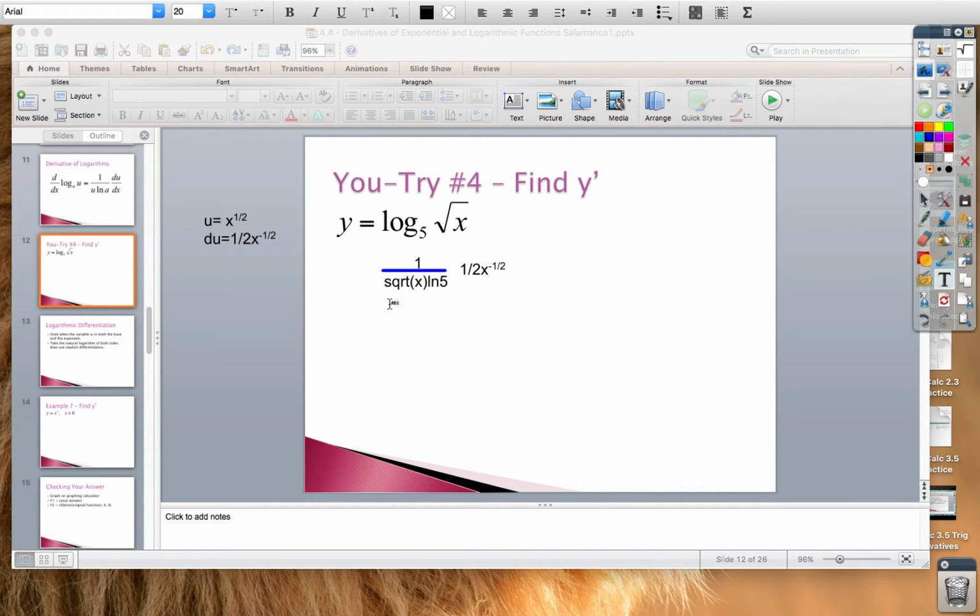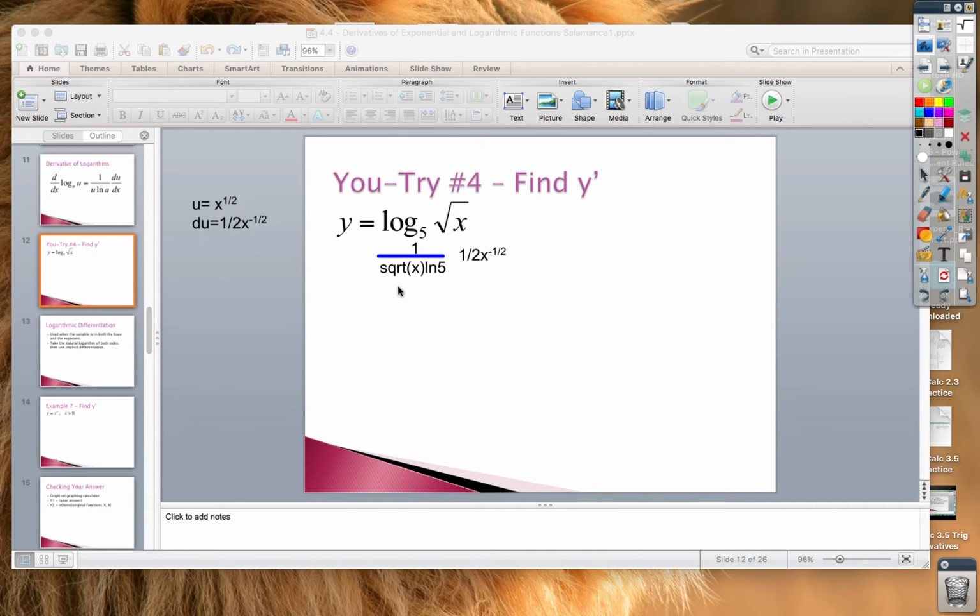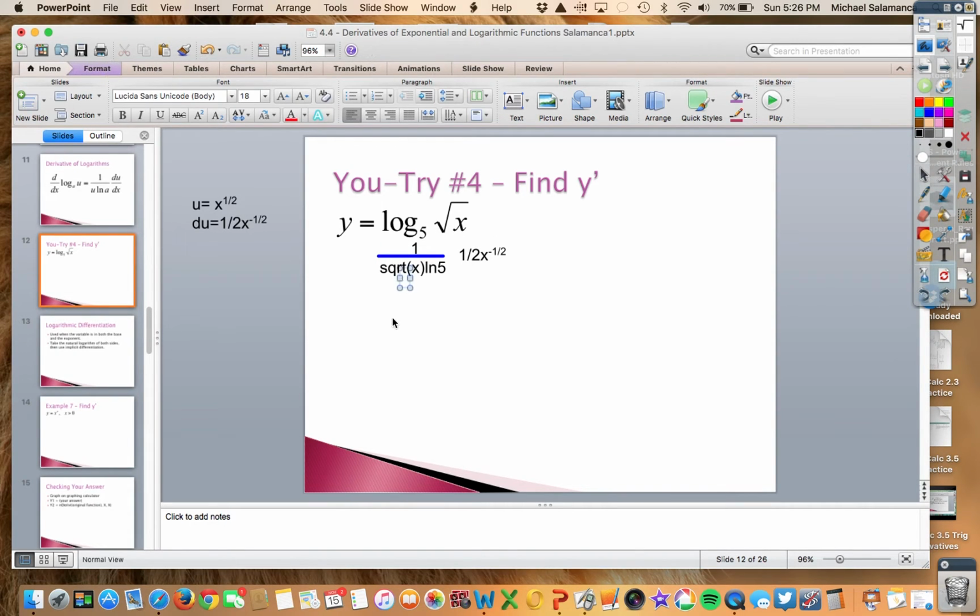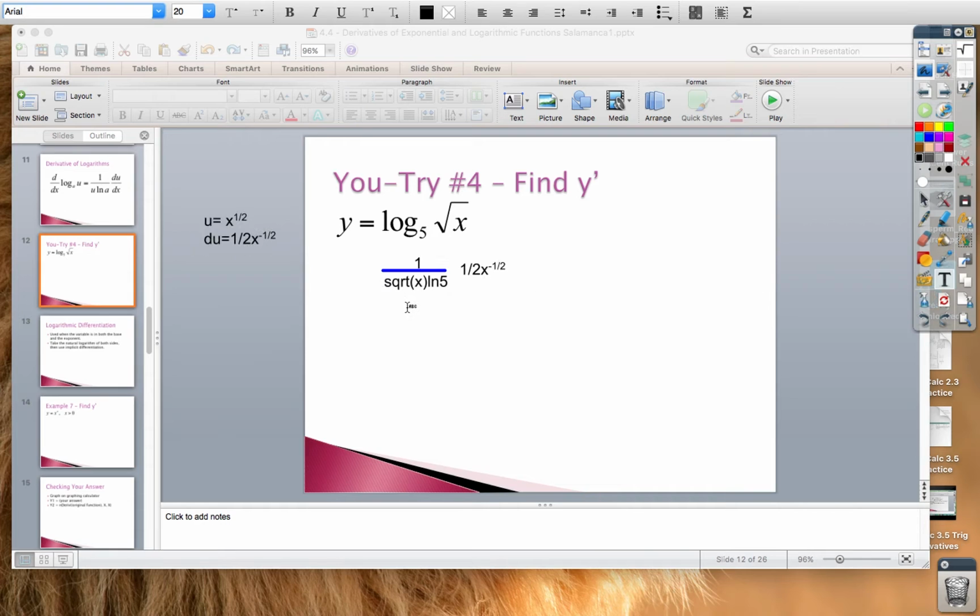So I'm just going to do one extra step to this, and that's going to be to change this to read 1 divided by 2 square root x times square root x times ln 5.